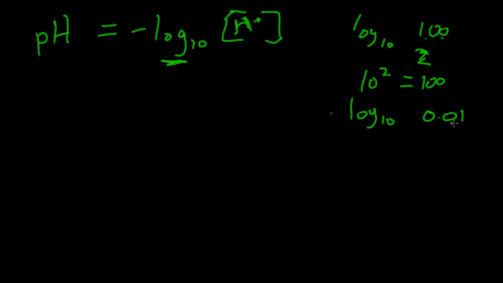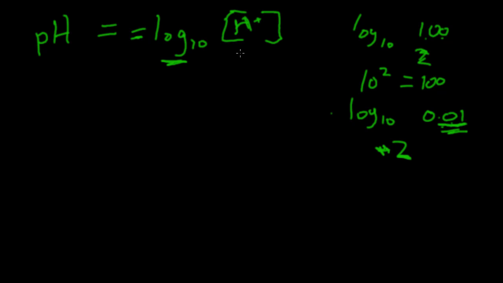Well, it says, there's 2 zeros, it's 2 decimal places there, so that's negative 2. So it takes whatever's in here and says, what kind of power of 10 are we dealing with? And of course, if we take the negative of that, we're going to reverse the sign. So if something is very, very small, it gets a bigger number the smaller it is. And that is exactly how pH works.